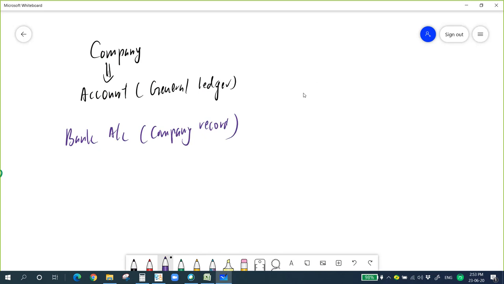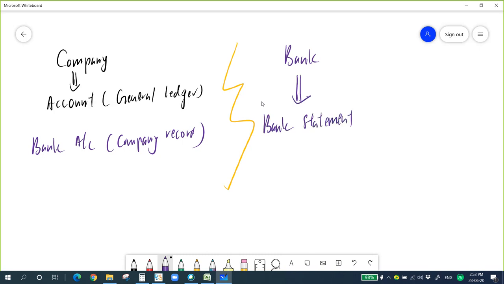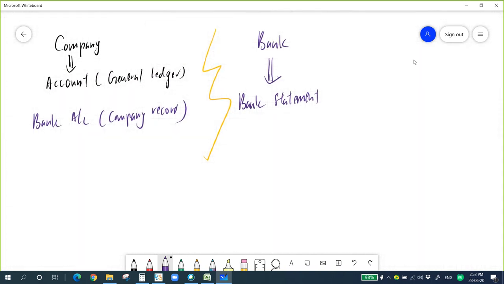At the same time, we save our money in bank, right? So bank will have their own record. In the bank record, they will give us bank statement. So bank statement refers to what? Bank statement refers to bank record.